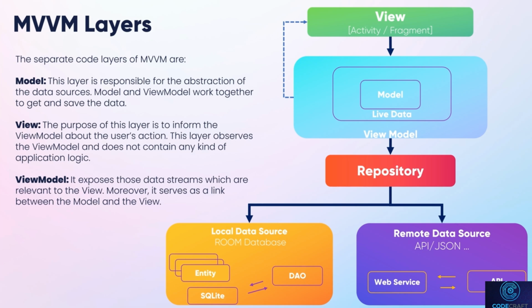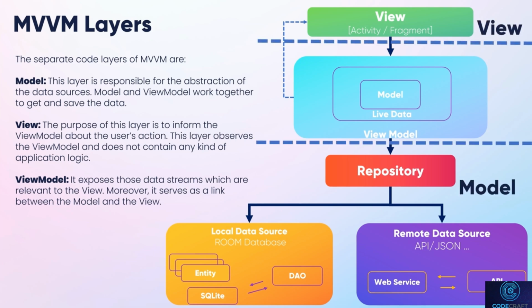The separate code layers of MVVM are model, view, and view model. Model: this layer is responsible for the abstraction of the data sources. Model and view model work together to get and save the data. The model represents the application's data and business logic.